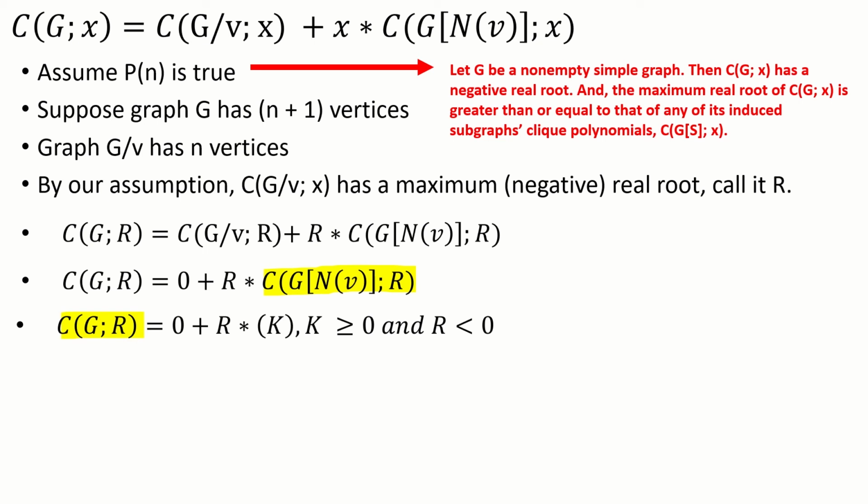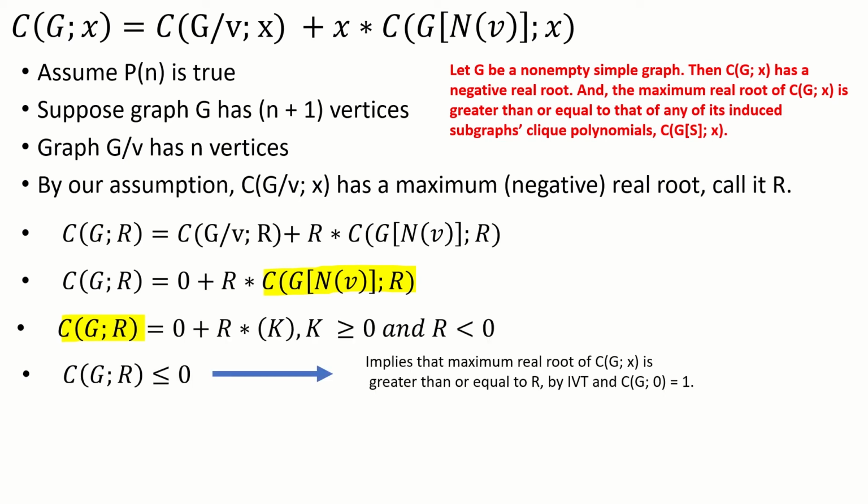That means that the clique polynomial of the graph on n plus 1 vertices, evaluated at the maximum real root R of one of its n vertex induced subgraphs' clique polynomials, is equal to 0 or is negative. And if it is negative there, and positive at x equals 0, then it must have some negative real root.